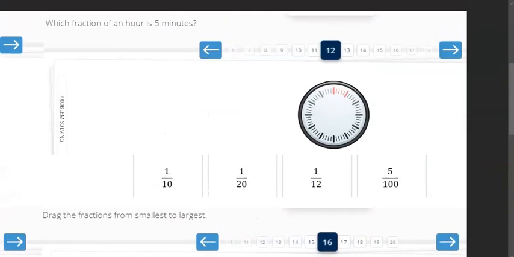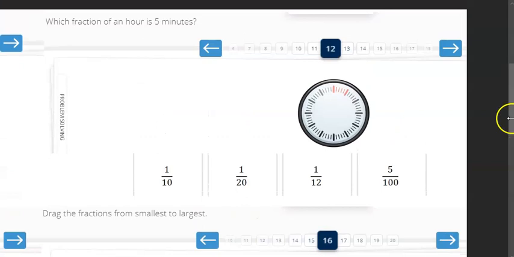The second last example, looking here, is this question: which fraction of an hour is 5 minutes? Right now we know that when we look at a clock, and specifically an analog clock, it is split up into 12 parts because there are 12 hours within a day. What this is focusing on is what is that red quantity amount as a fraction.